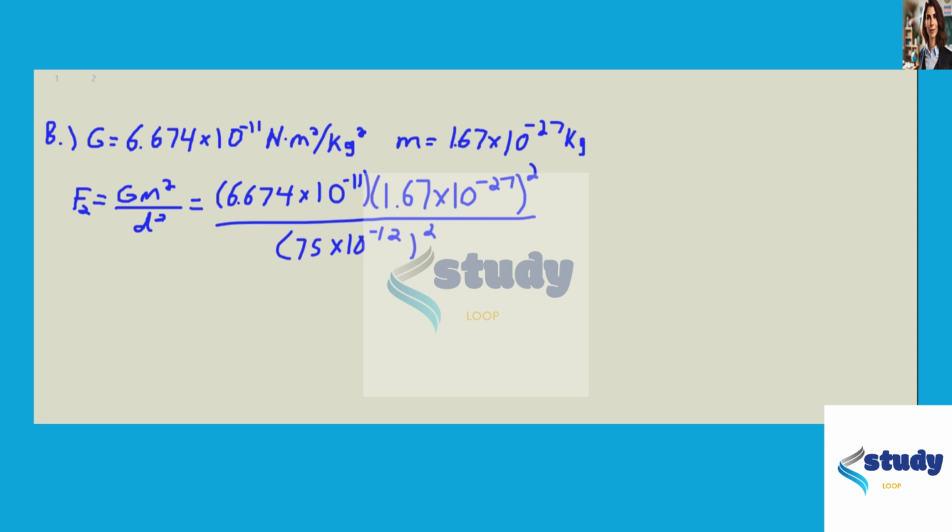So 6.674 times 10 to the negative 11 times 1.67 times 10 to the negative 27 squared divided by 75 times 10 to the negative 12 squared. So F2 is going to be equal to 3.3 times 10 to the negative 44th newtons.